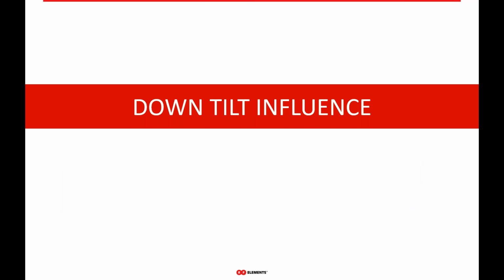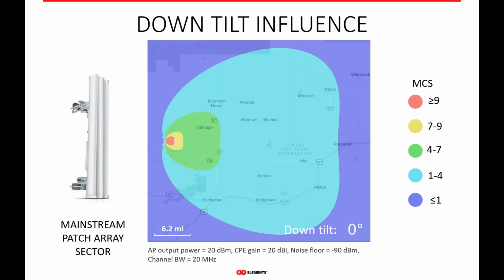Another parameter which is often overlooked is down tilt, another functionality of RF Elements horns, right? So unlike patch array antennas, and from the following slides, we'll see how down tilt, as a function, works with RF Elements horns compared to other antennas.